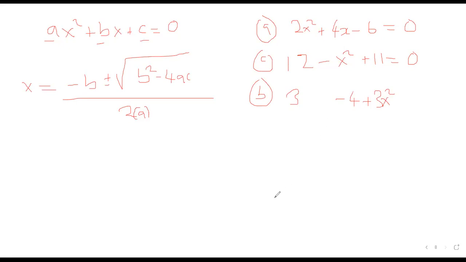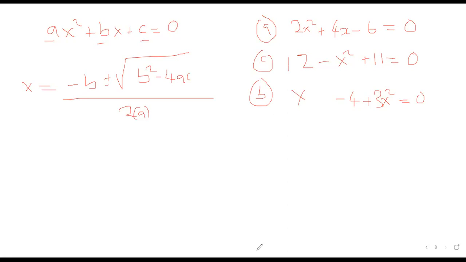Then here we have an x there. So I need you to help me identify equation 1 here. What is our a, b, and c in this equation? Let's identify a, let's identify b, and let's identify our c.